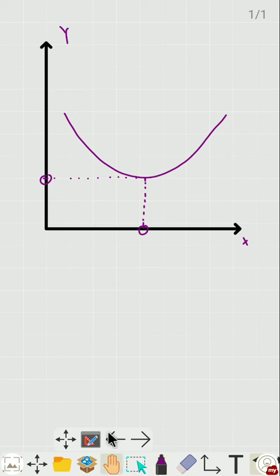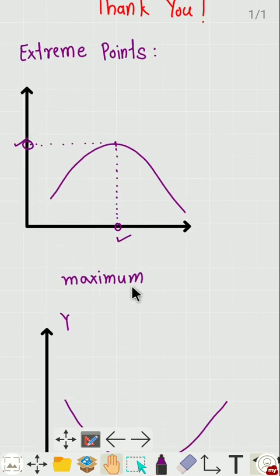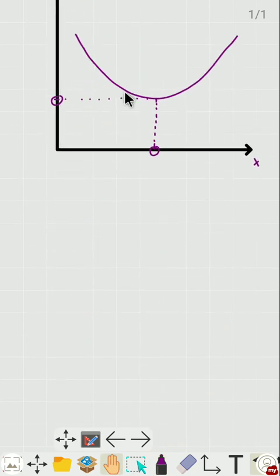That point is called the maximum value of the function, and this point is called the point of minima.